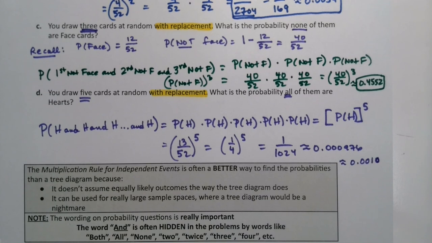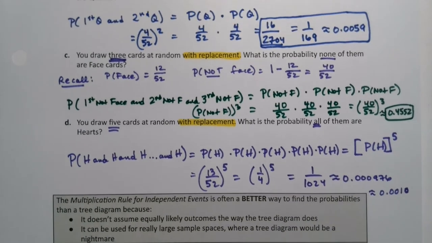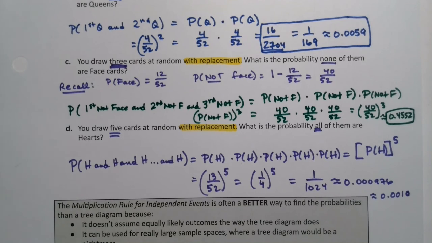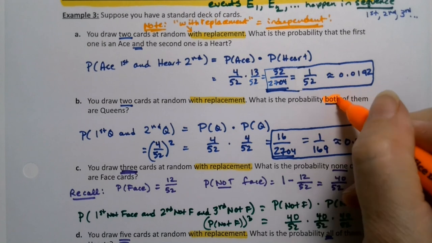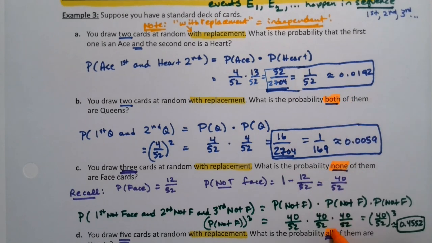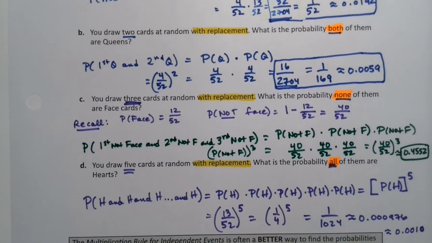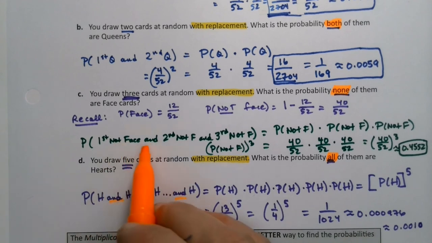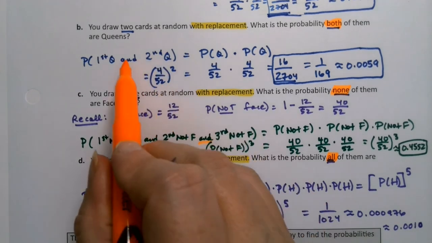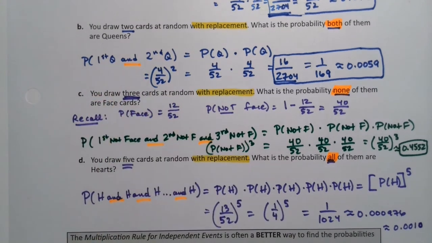All right, did you catch something? I don't know if you did. Let's see if we caught it. Did you catch the words both, none, all? They all meant and, right? They mean this and this and this, right? But we didn't say and, but that's what we meant, right?